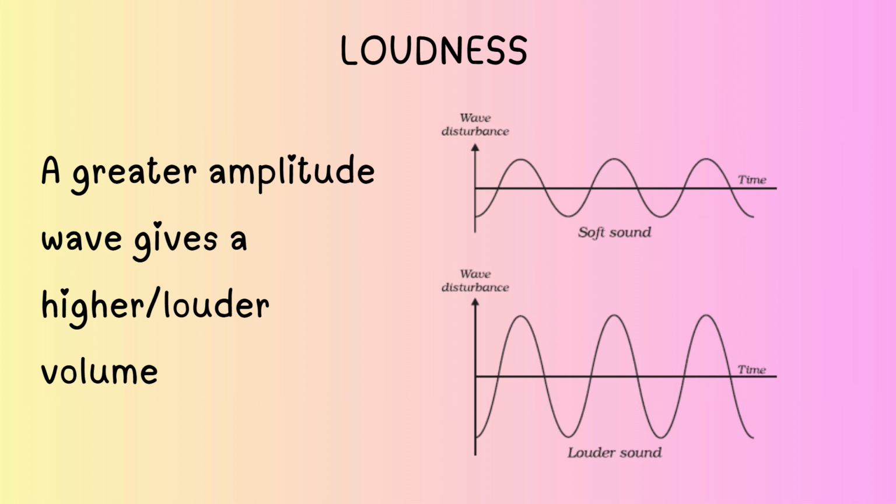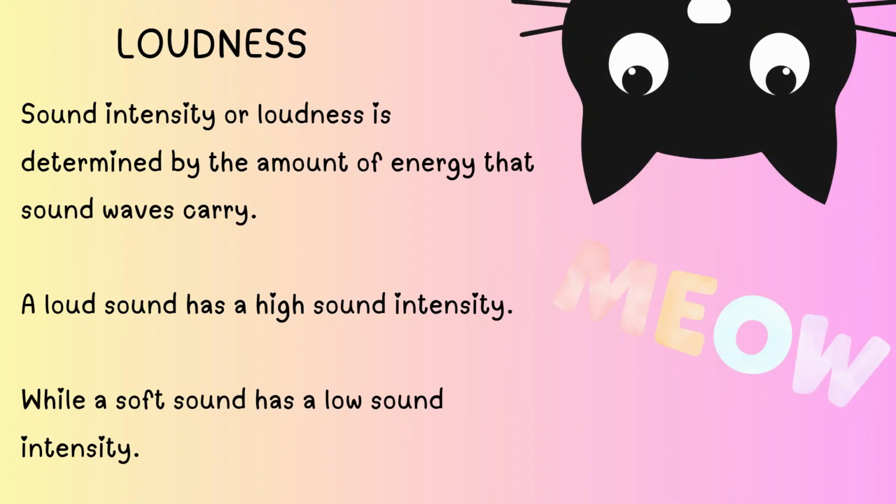A greater amplitude wave gives a higher or louder volume. Sound intensity or loudness is determined by the amount of energy that sound waves carry. A loud sound has a high sound intensity, while a soft sound has a low sound intensity.